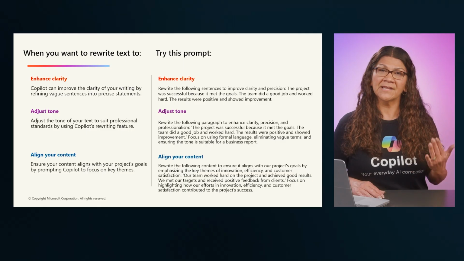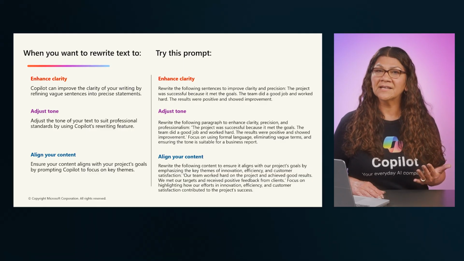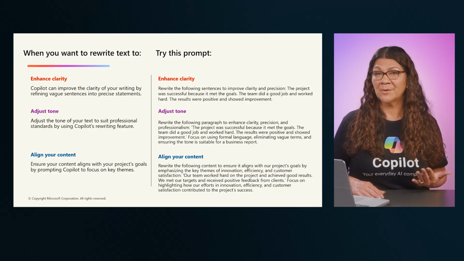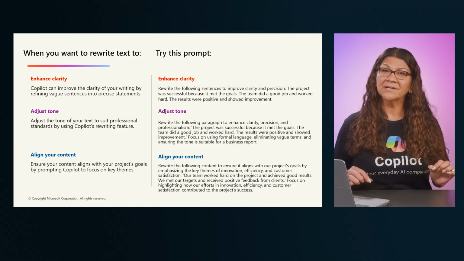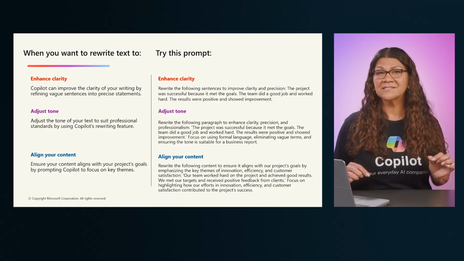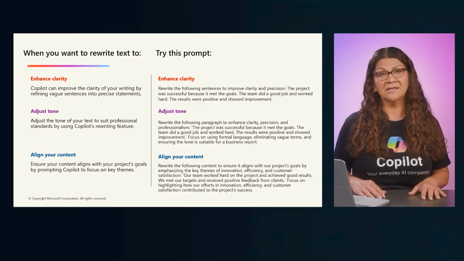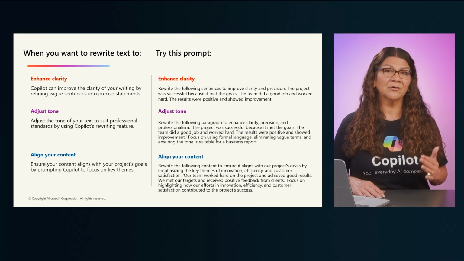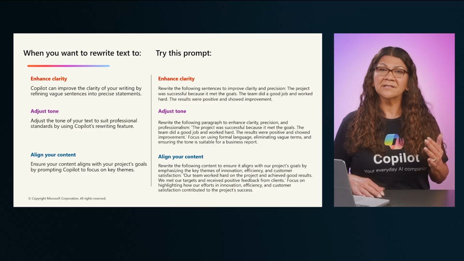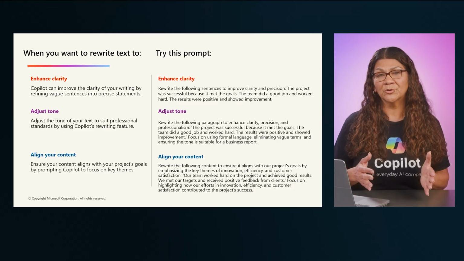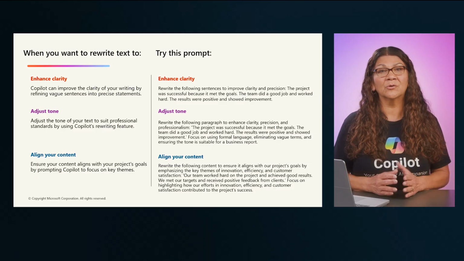Whether you're writing a business report, an executive summary, or a project update, the result is clear communication, more consistent messaging, and less time spent polishing content. It also demonstrates a powerful prompt pattern that you can reuse in real work. Clearly state what you want improved and how it should sound or align.